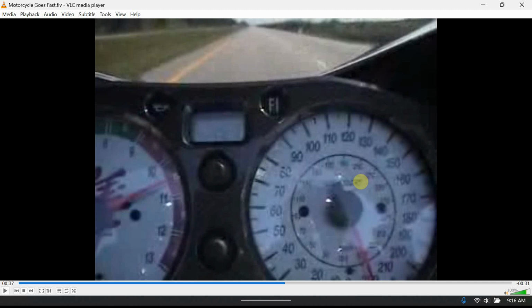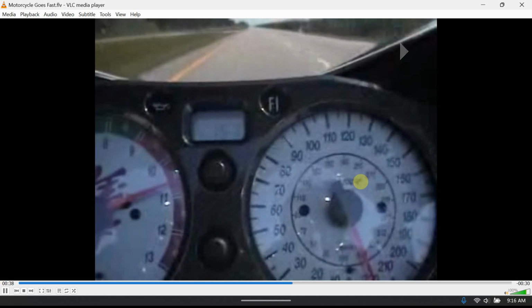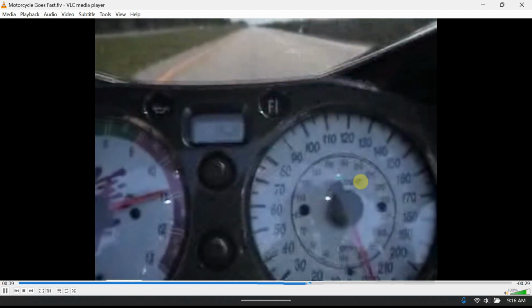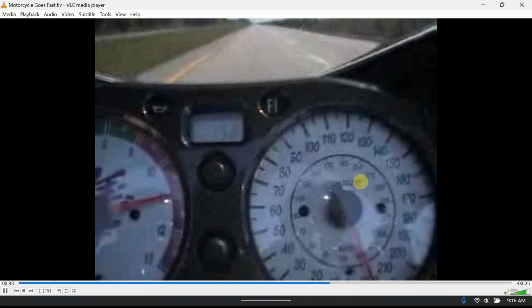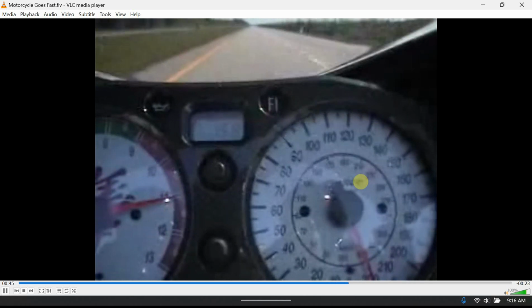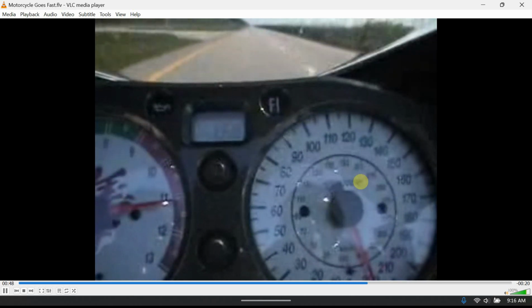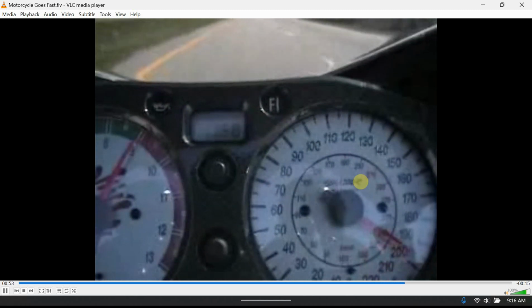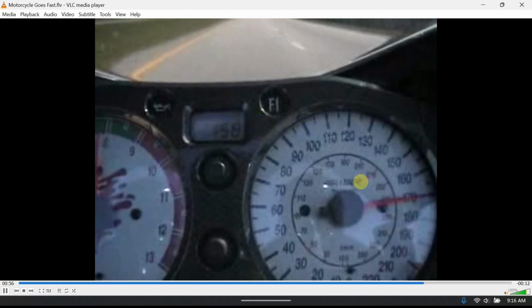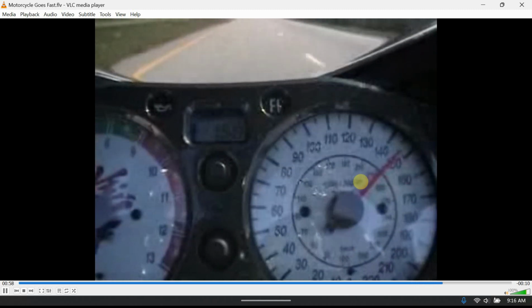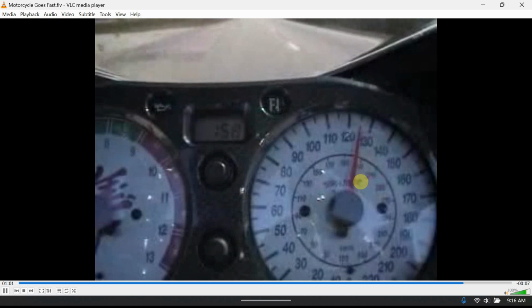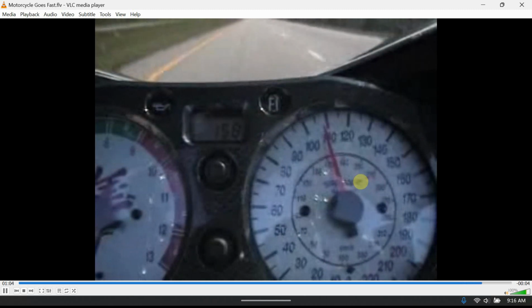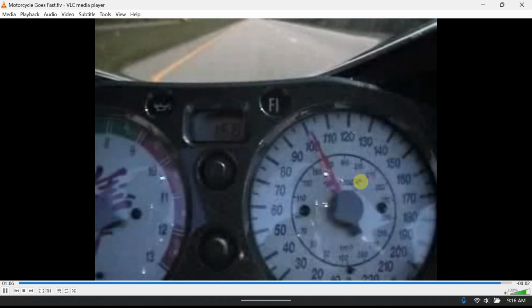Right when you hear him start to slow down, you'll hear the engine whine change, hit start, and then right when we hit 100, I'll say stop. Oh, here we go. Start. Stop.